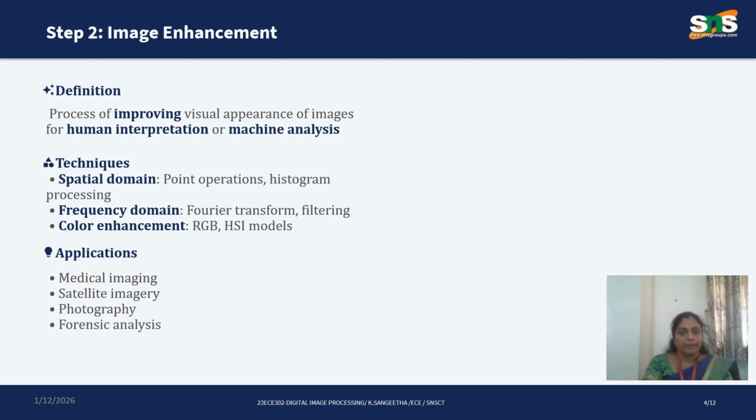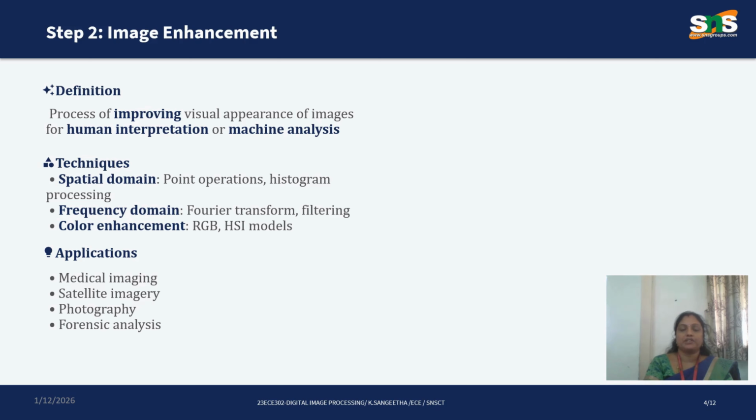To analyze the image or remove noise is very easy in the frequency domain. That's why we use image transforms. The image transform is a technique used to convert the image between the spatial domain and frequency domain. Frequency domain means it modifies the rate of change of intensity. In the spatial domain, the pixels are directly manipulated, and in the frequency domain, it modifies the intensity values of the pixels.